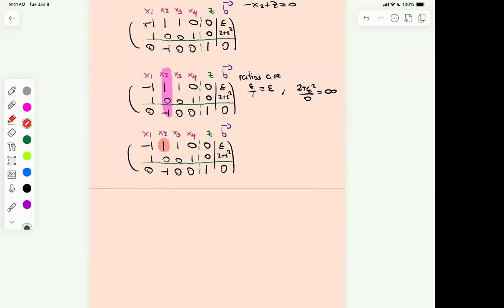This is already a one. If it had been a two, you make it a one first. Then you make zeros everywhere else, so it becomes a column of zeros except for an entry with just one. This is already zero, but I have to make this one into a zero. I do row one plus row three, and that should be enough.